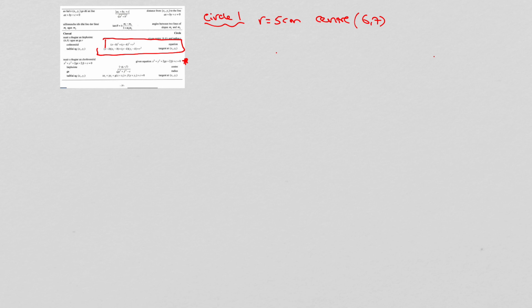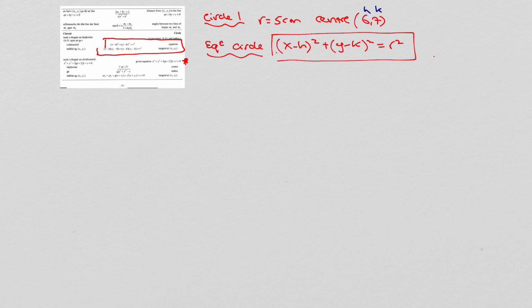So that's h, k. So you should have x minus 6 squared plus y minus 7 squared equals r squared. So 5 squared is 25. So that's a fully correct answer.